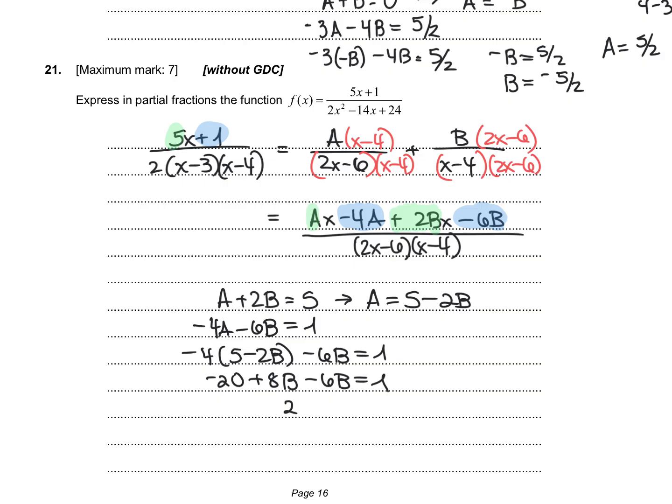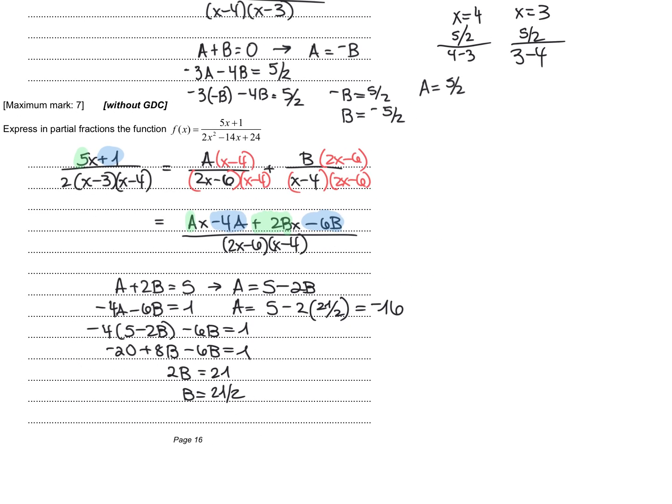So 21, so b is 21 over 2, which makes a 5 minus 2 times 21 over 2. So that's 5 minus 21, which is negative 16. So we will have that this is negative 16 over 2x minus 6 plus 21 over 2x minus 4.